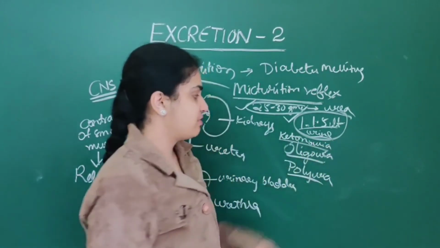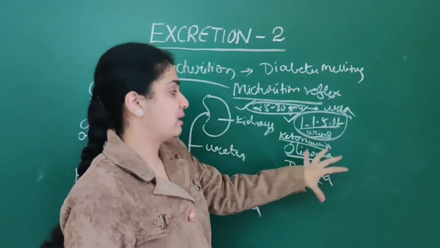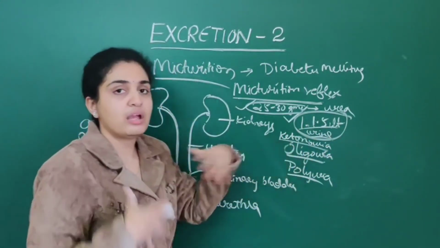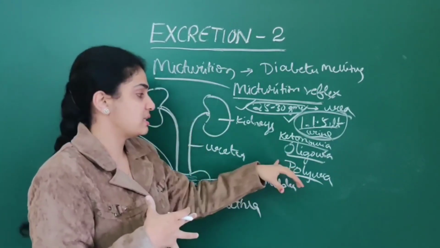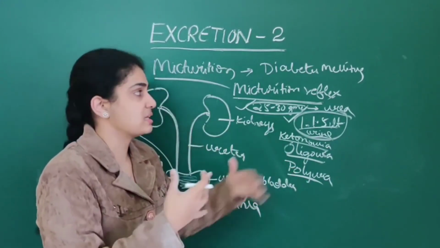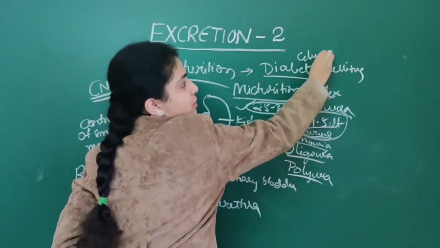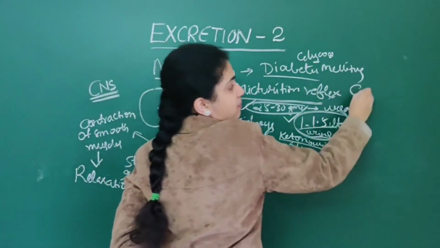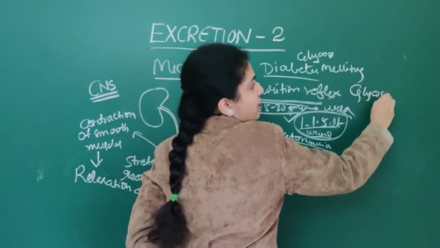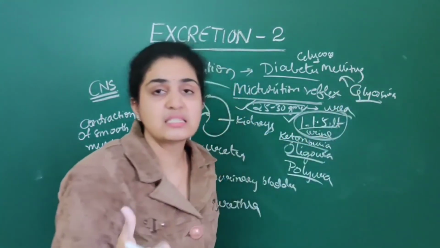You should specify these terms: oliguria, polyuria, ketonuria. Ketonuria means ketones are excreted. Oligo means less is excreted, poly means excess is excreted. And if glucose is excreted through urine, it is called glycosuria, and it results in diabetes mellitus.